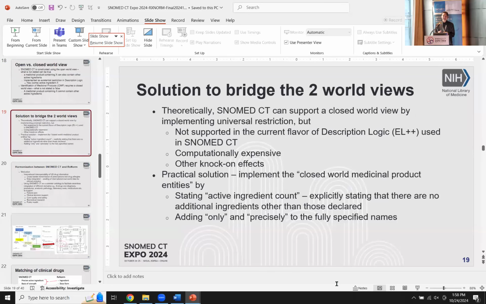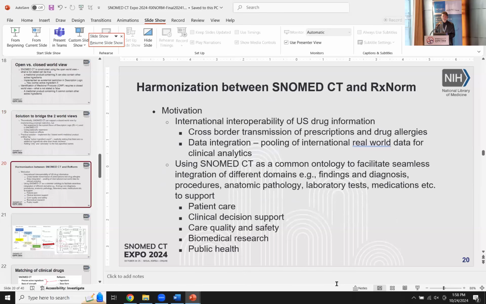Theoretically, SNOMED can switch between the two worldviews by implementing something called universal restriction. But it is not supported in the current flavor of description logic, which is EL++ used in SNOMED CT. And if we implement that, it will be computationally very expensive. It will take a long time to classify. And then there may be other knock-on effects as well.